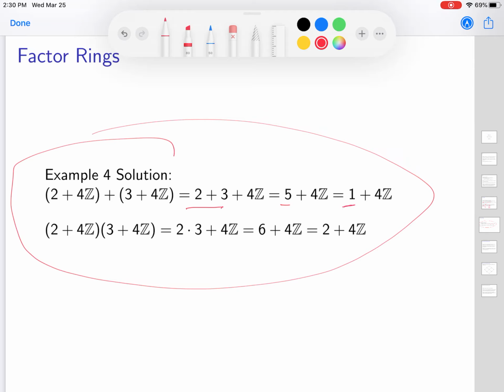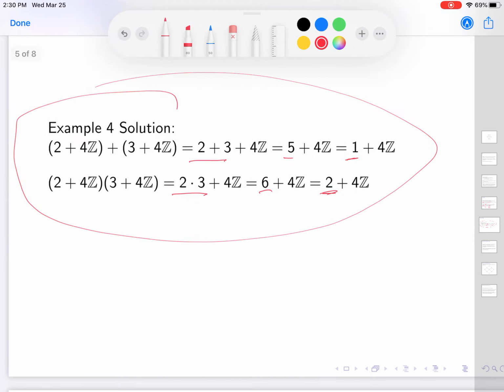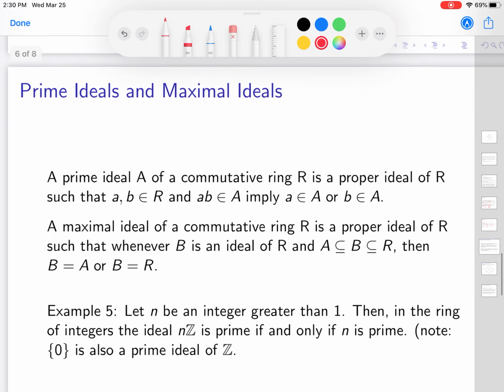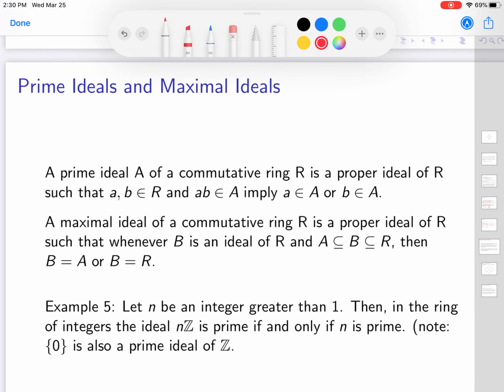We took 2 plus 3, we got 5, and we simplified that to 1. We took 2 times 3, we got 6. That was really just 2. Let's keep this idea that this looks like we're doing mod 4 in our head for later on. We're going to come back and reference this.